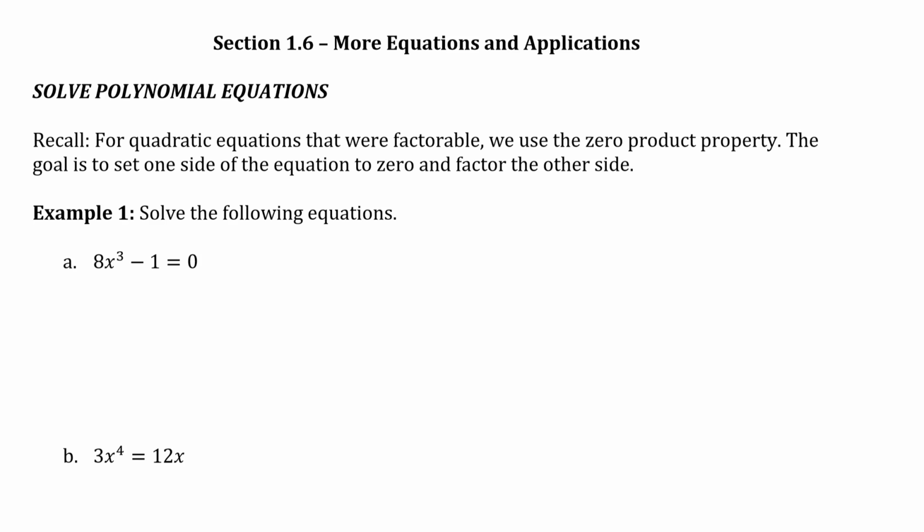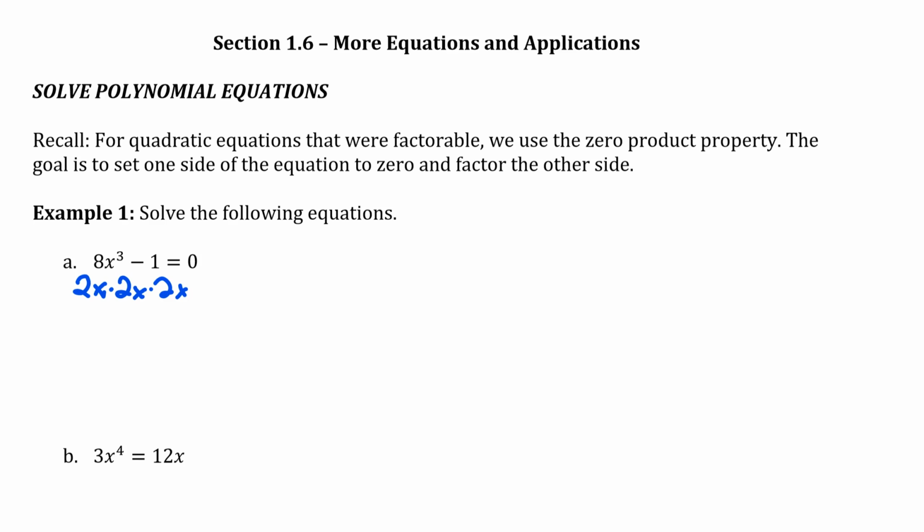So whenever I look at this, 8 can be rewritten as 2, 2, and 2. Let me spread those out just a little bit. A 2, a 2, and a 2, and the x to the third is x times x times x.